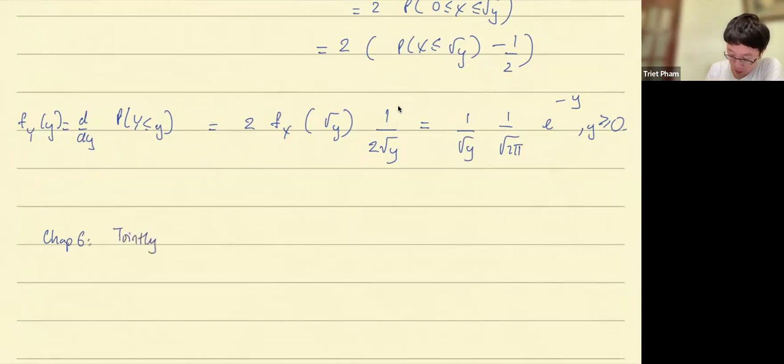Jointly distributed random variables, or joint distribution.